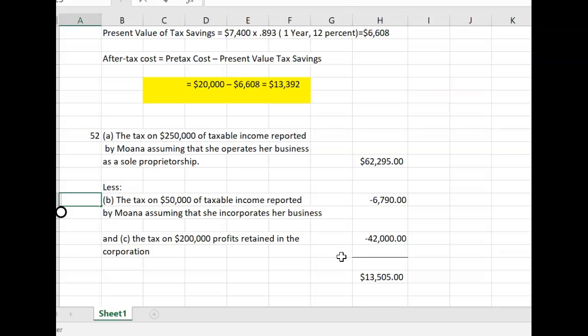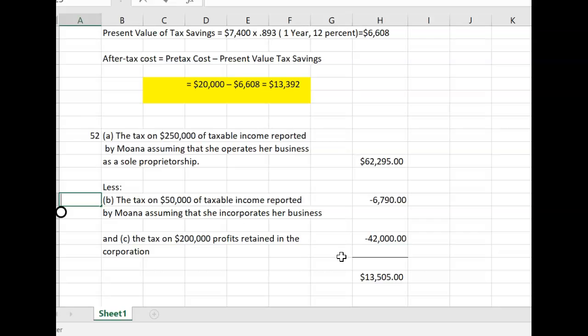Mayona is contemplating incorporating her sole proprietorship using the single individual tax bracket and the corporate tax rates found in Appendix D in your textbook. Find out how much current tax this strategy could save Mayona, ignoring any Social Security, Medicare, and self-employment tax.